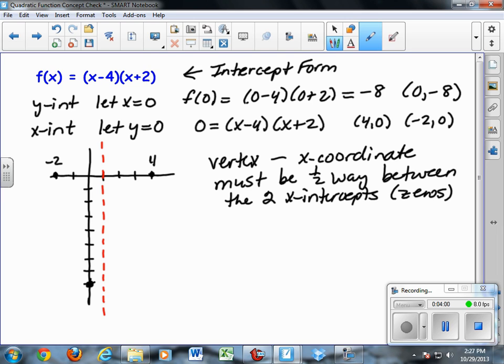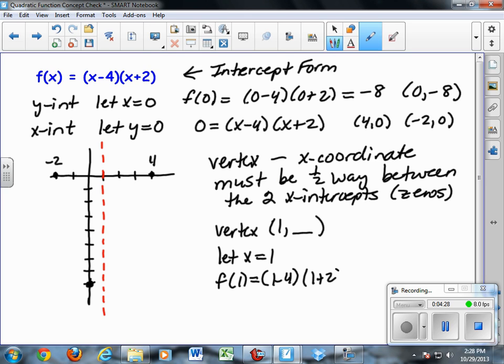So I know that the vertex has to be positive 1 something. How do I figure out what the y is? Well, I'm going to let x equal 1 in the equation. So f of 1 is equal to 1 minus 4 times 1 plus 2. That is equal to negative 3 times 3, which is negative 9. So my vertex is at (1, -9).